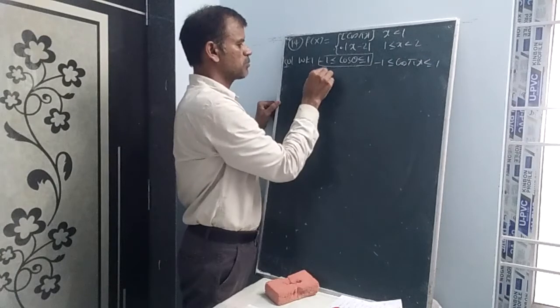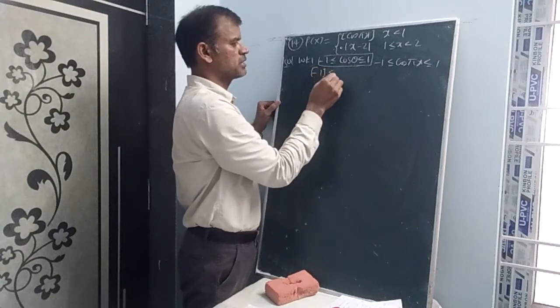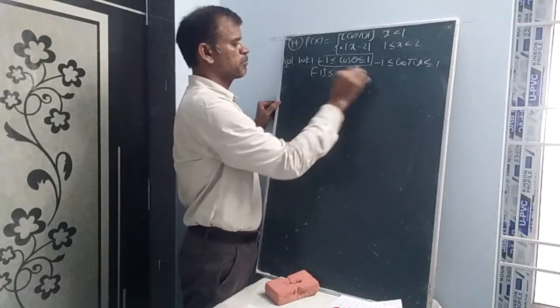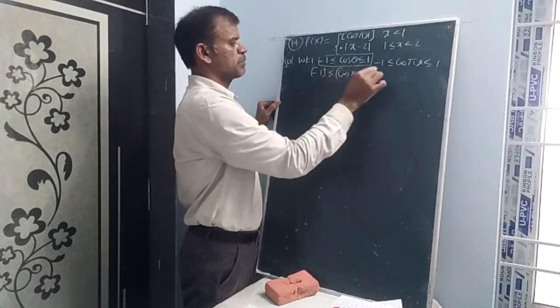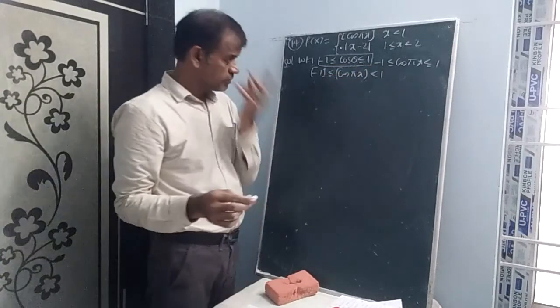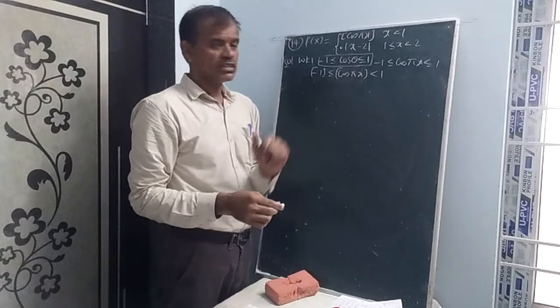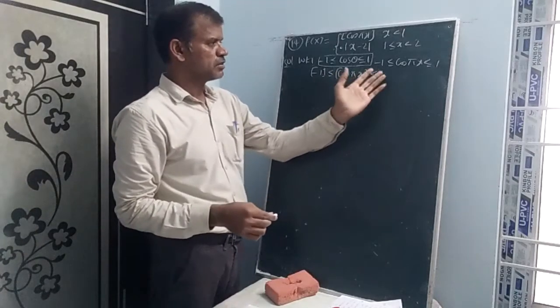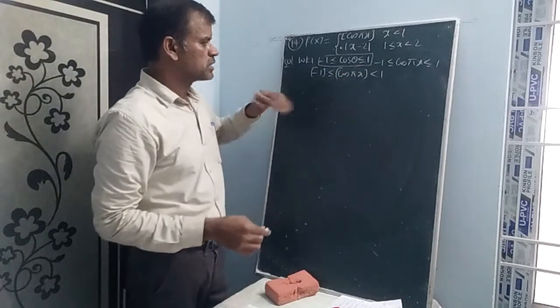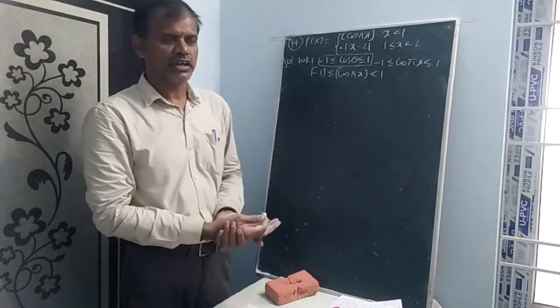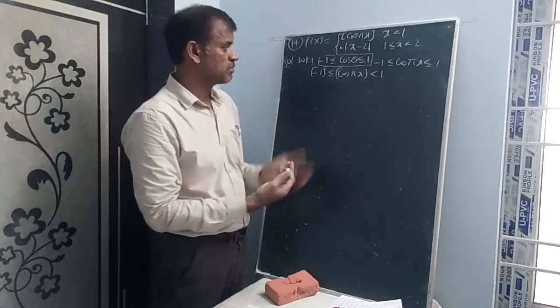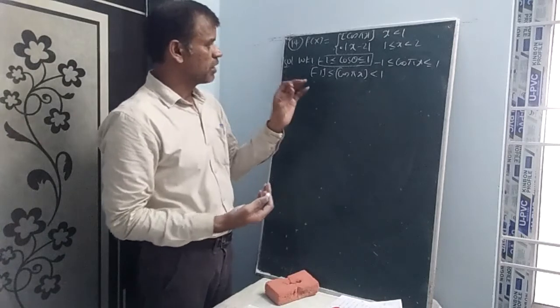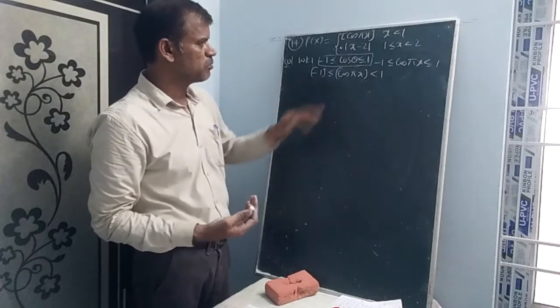Now apply the step both sides: step of minus 1 less than or equal to step cos pi x less than or equal to step 1. If you substitute minus 1.9, the step is minus 2. If you substitute minus 0.1, the step value is minus 1.